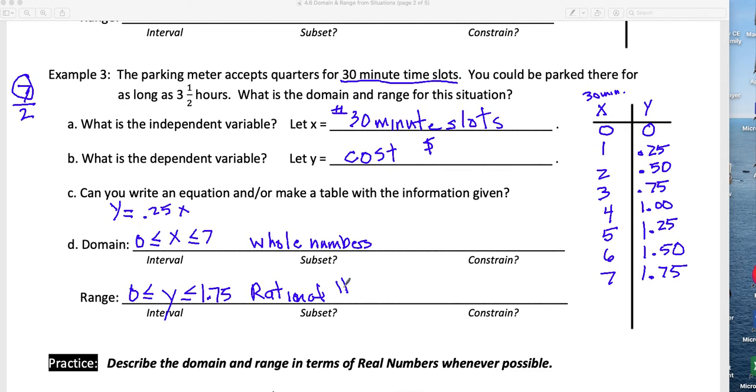And there has to be a constraint here because it doesn't include all the decimals in between 0 and 0.25 or in between 0.25 and 0.50. It gives me decimals that are multiples of 0.25.